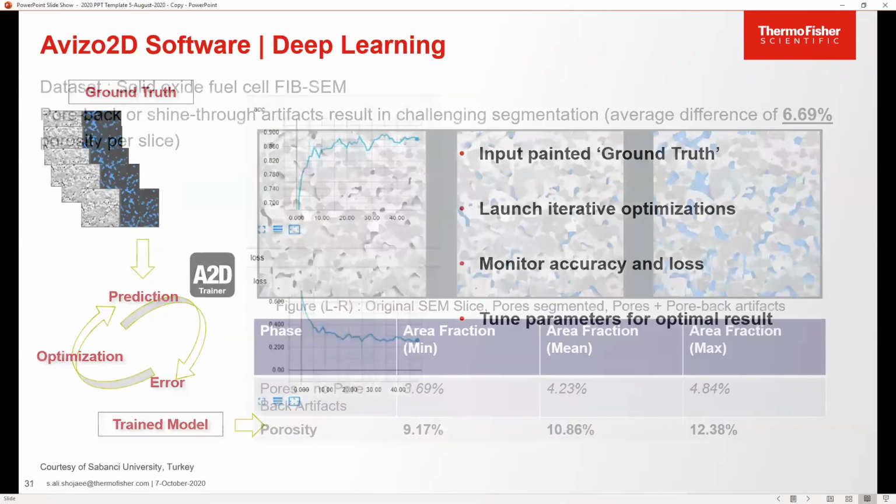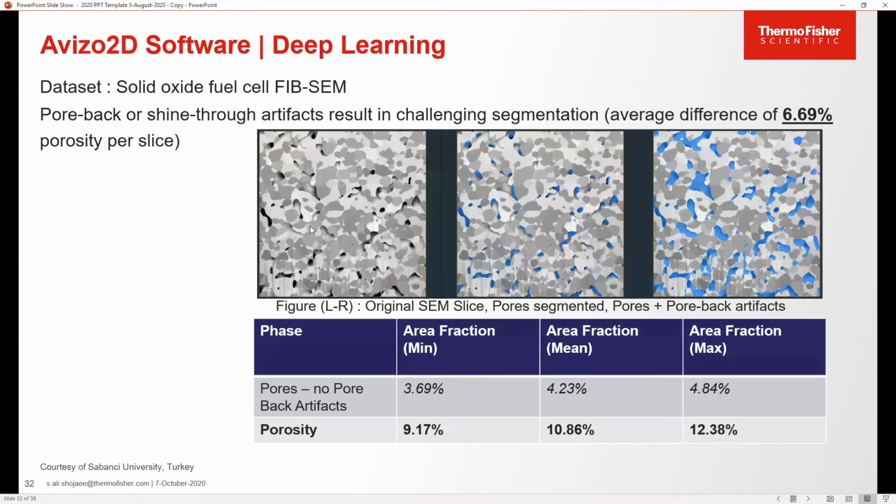Once you have that model, any other time that I have an image that looks like this, I don't have to manually segment it anymore. I just put in this model, and instead of getting this half accurate result, I'm going to get the fully accurate result. In this very specific example, the porosity was off by about 7%, which is a lot, but you can fix it. By the way, this was 3D data.